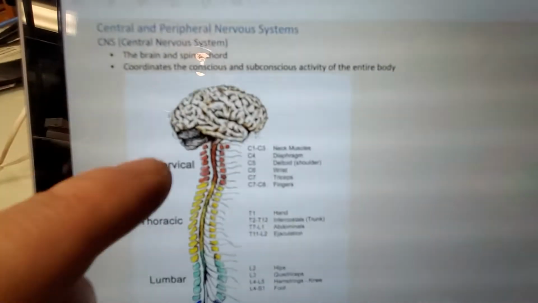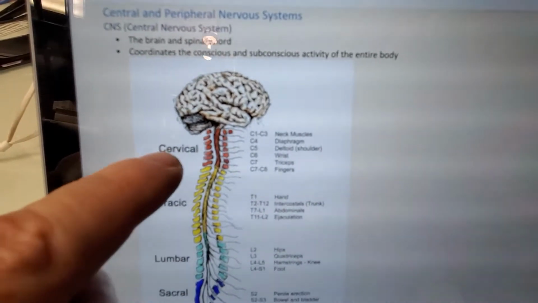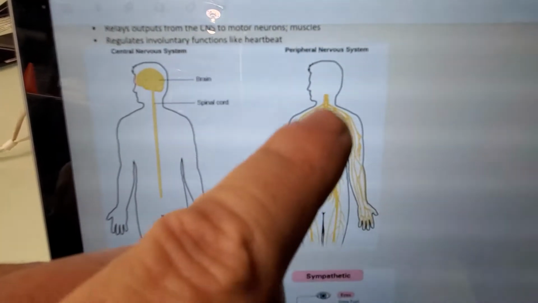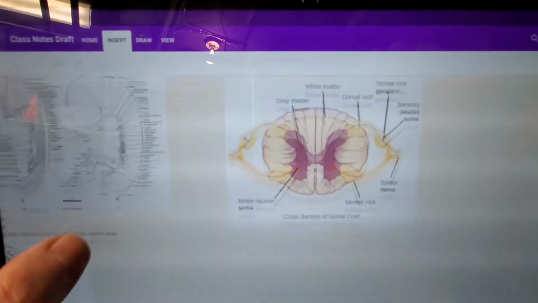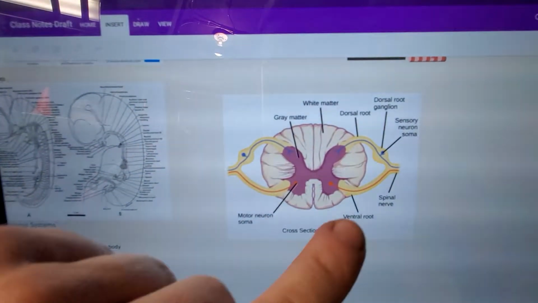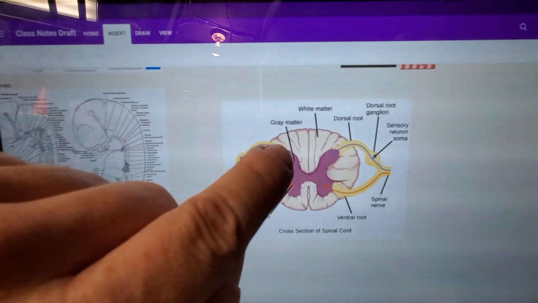So interesting that way. But that's what your brain does: input and then output. And how does it do it? Okay. So as you develop, you have a central nervous system. That includes the brain and the spinal cord, and then it's connected to a peripheral nervous system. That's all the nerves that run off the spinal cord, and they're connected inside the spinal cord. So this is the central nervous system. This is a cross section of the spinal cord, and this is the peripheral nervous system coming in, and they're connected here.